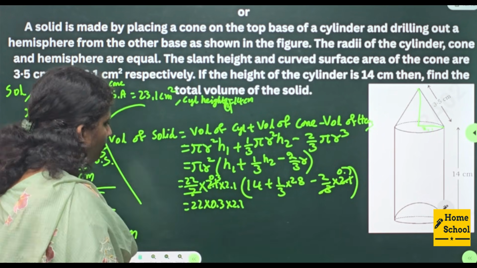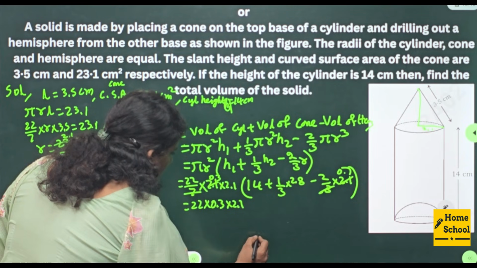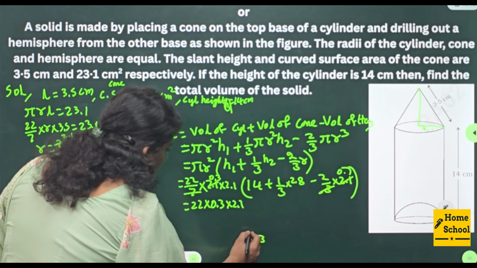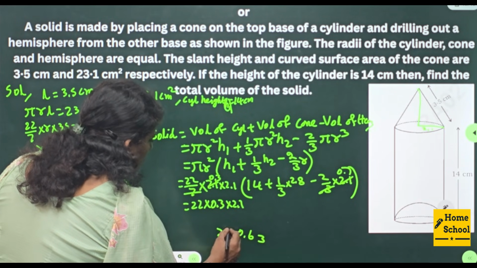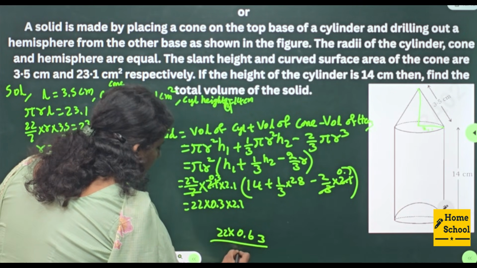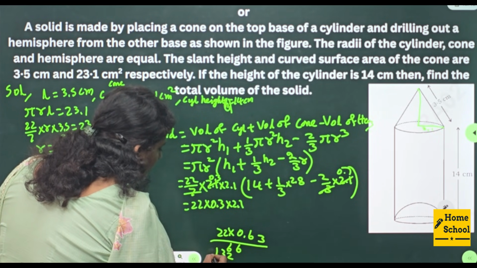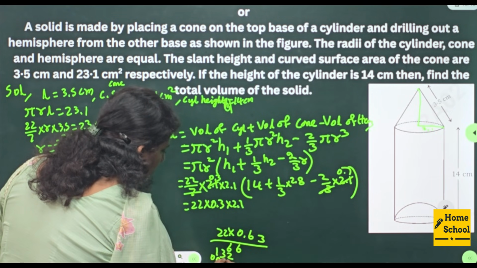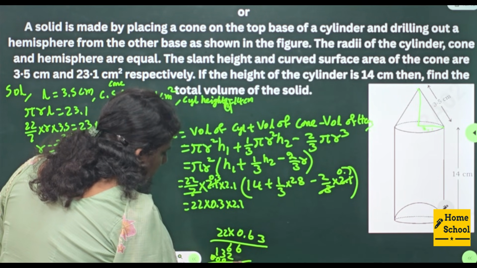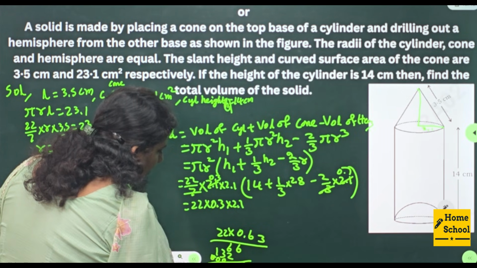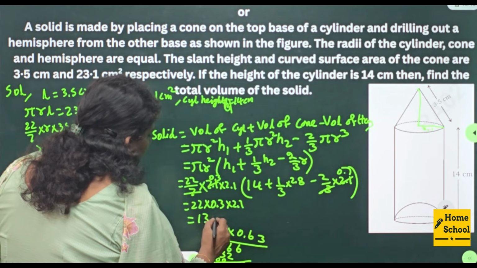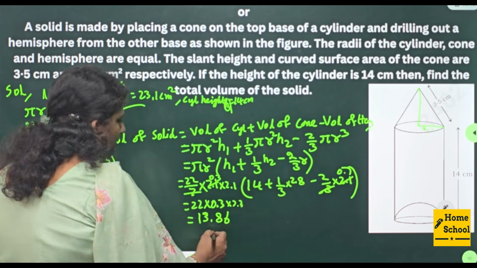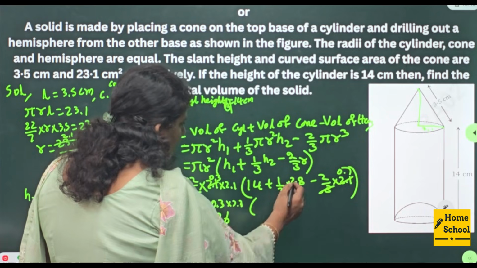Multiply these two: 0.63 into 22, and you get 13.86.